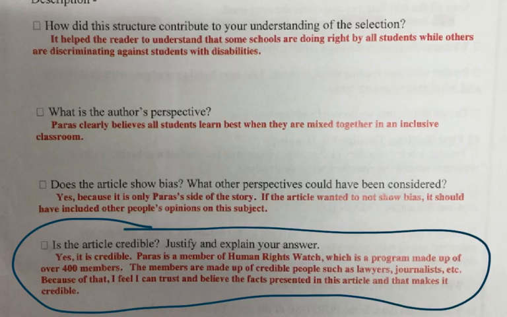The next question is right down here. Is the article credible? And I would definitely say yes, the article is credible. Paris is a member of the Human Rights Watch, which is a program made up of 400 members. Wow. The members are credible people such as lawyers and journalists.